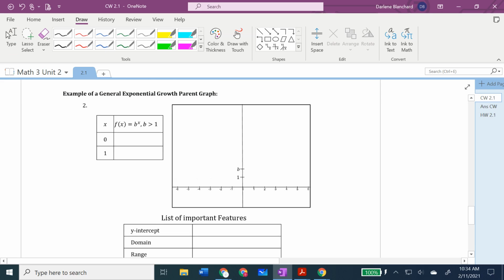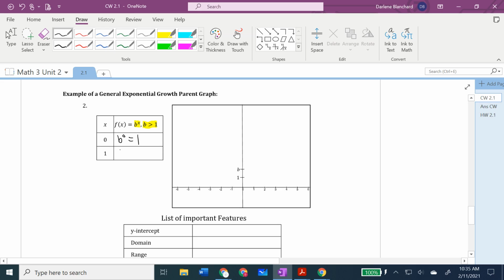Now, I want to point out to you, if you have a general exponential growth, if you have the function b to the power of x, where that number is greater than 1, when x is equal to 0, you will have b to the 0 power, which is 1.